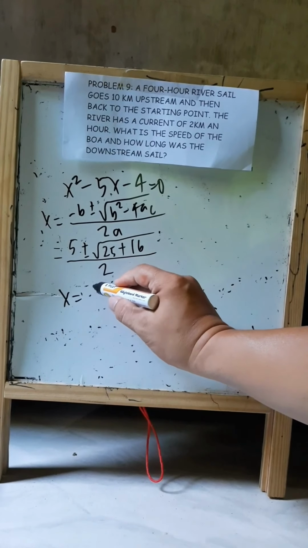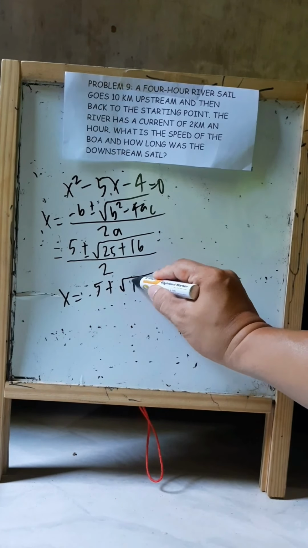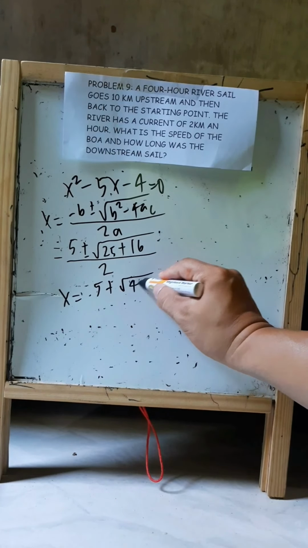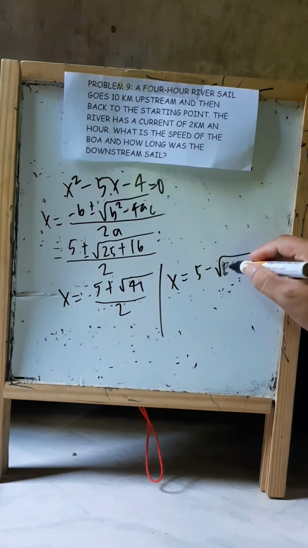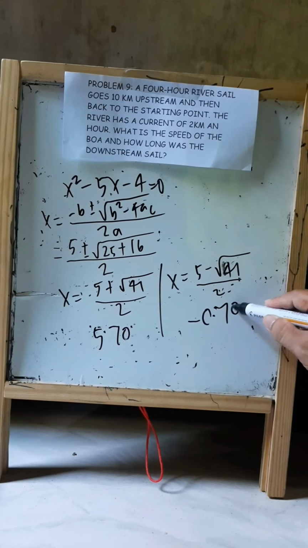So there are two values of x: 5 plus square root of 41 over 2 and 5 minus square root of 41 over 2. Solving for the equivalent decimal, 5 plus square root of 41 divided by 2 is 5.70. Dito naman, 5 minus square root of 41 divided by 2 is negative 0.70.